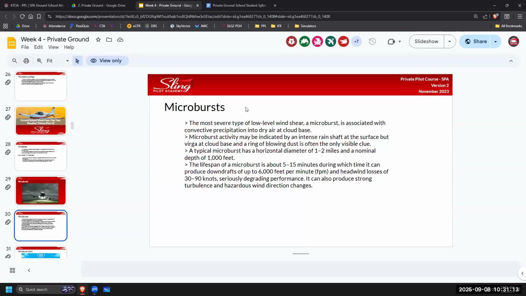Seems like this is the best one they have, but it's easy to see from a distance. So obviously if you're seeing descending air like that, you're going to avoid that area.